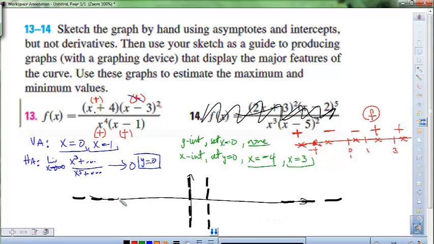We have x equal to -4 as an intercept, and x equal to +3 as an intercept. Let's use a smaller scale. -4, +3, 0, and 1.